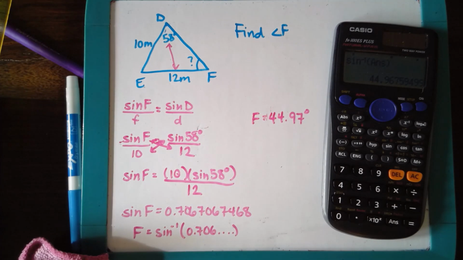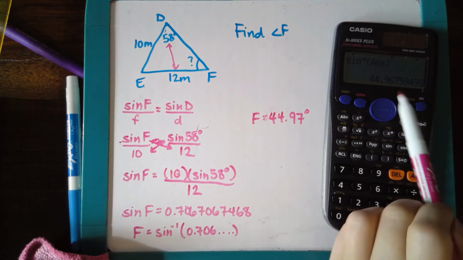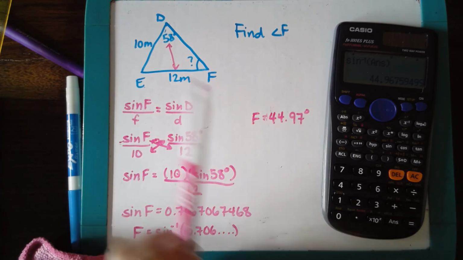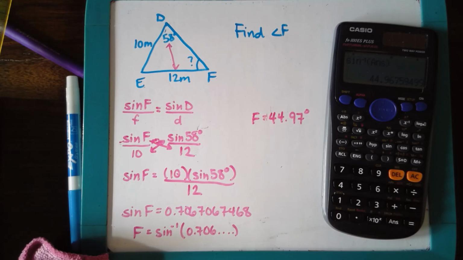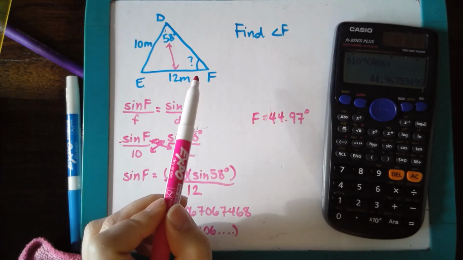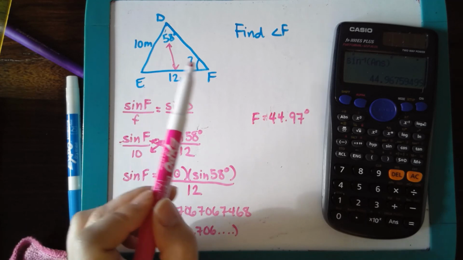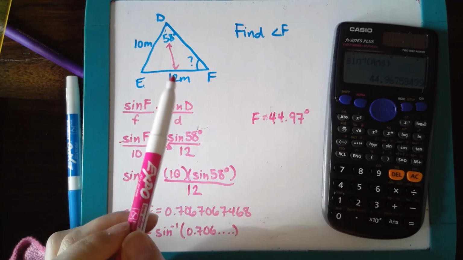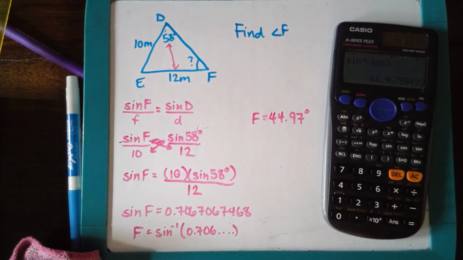So now my answer is to 2 decimal places, and it's rounded correctly. And then, is that a reasonable number? It is pretty reasonable. Remember that larger angles create longer side lengths. So this angle here at 44 degrees being across from 10 meters compared to this angle being at 58 degrees across from 12 meters is really reasonable.